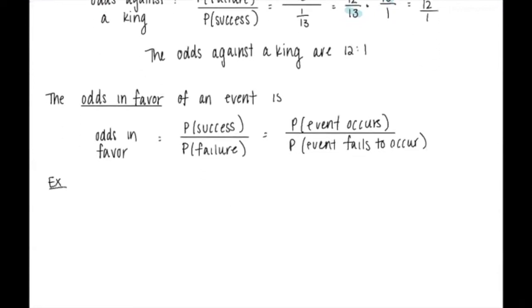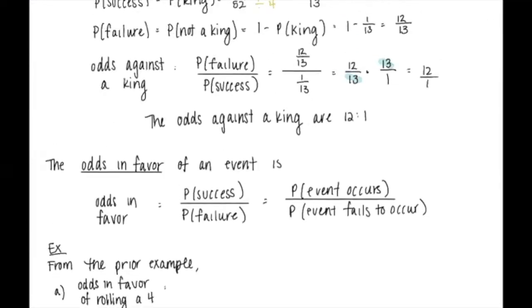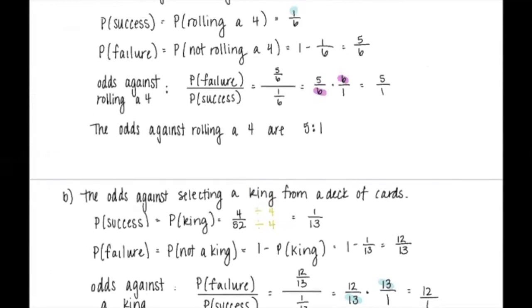So if we take these exact examples from the prior example, for part A, the odds in favor of rolling a 4 would be, we go back up here, we literally just flip these, so the fraction is going to flip.